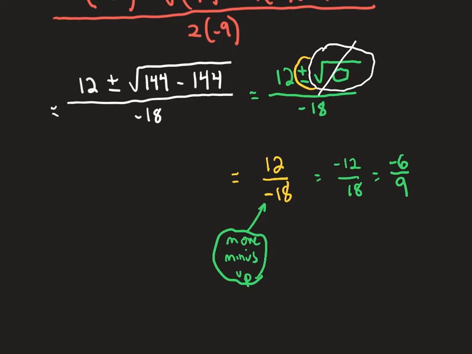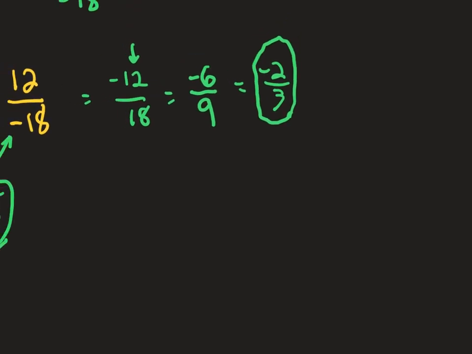So you can reduce by 2, and then make sure you reduce all the way. 6 and 9 can both reduce by 3. You could have reduced by 6 at that point, but just in case you don't, make sure you reduce it all the way. And then here we don't have a plus or minus after that, so this is actually just one solution. And it doesn't have an i or anything on it, so it's going to be a real solution.